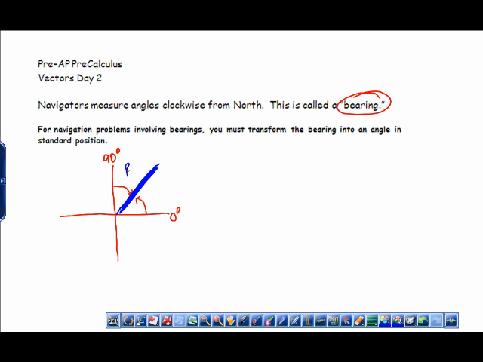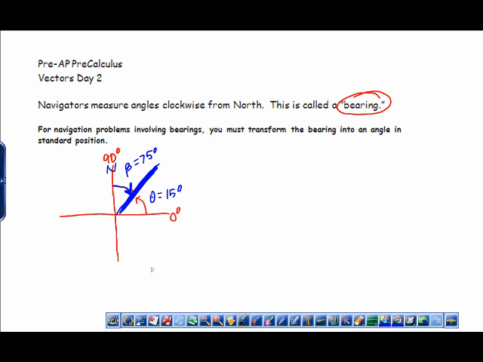Okay, the bearing, let's just say, for a particular problem, is 75 degrees. This means from north, you would go 75 degrees clockwise. The theta, though, that we would have would be 90 minus 75, which would be 15 degrees.